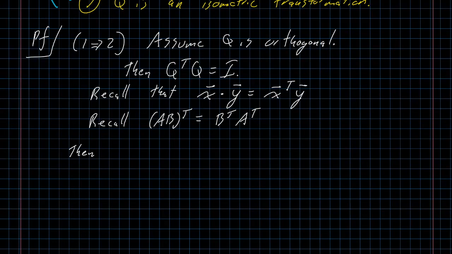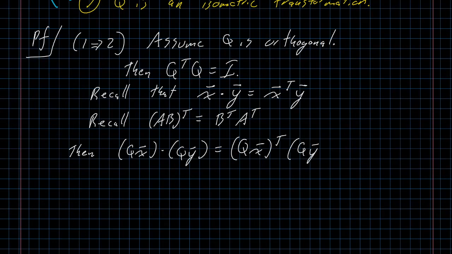Because if I take QX dot with QY, well, that's the same thing as QX transpose times QY, and that's the same thing as X transpose times Q transpose times Q times Y. And if we group Q transpose times Q, that's the identity matrix.